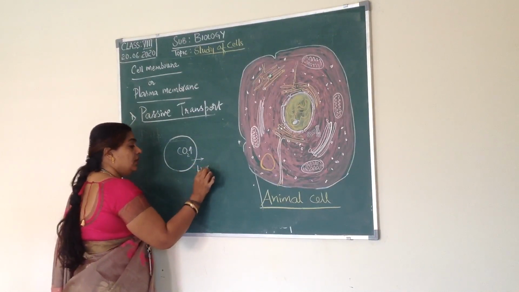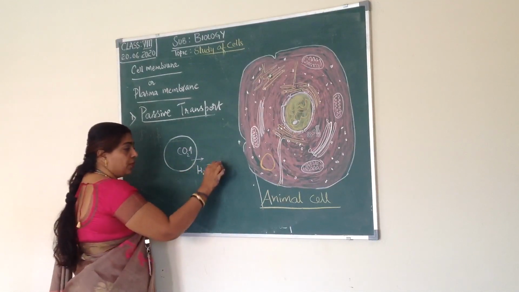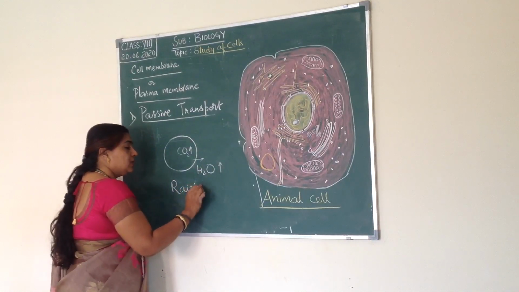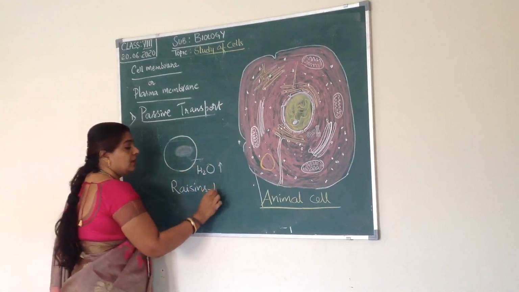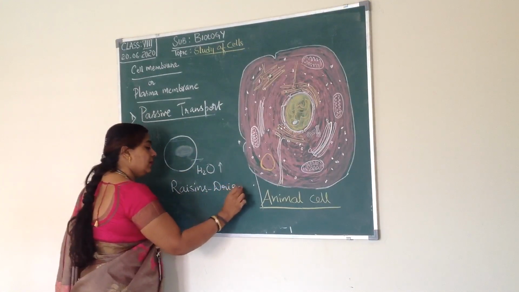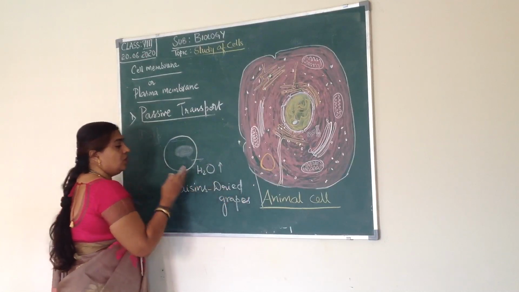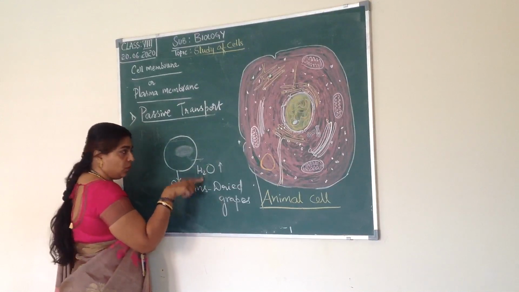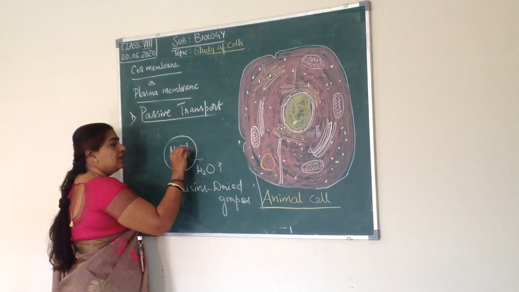Now, water outside the cell is more. In the case of raisins, as I told you, raisins are nothing but dried grapes. Outside the raisin, the water content is more, and inside the raisin, the water content is less.